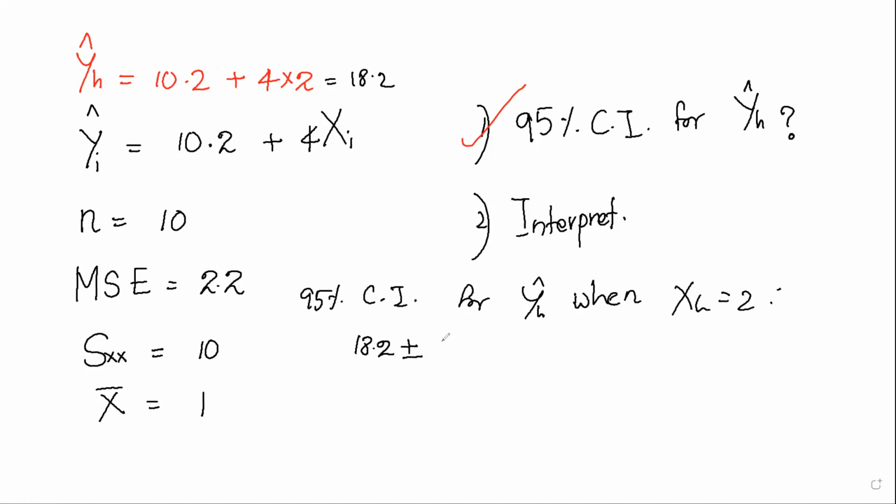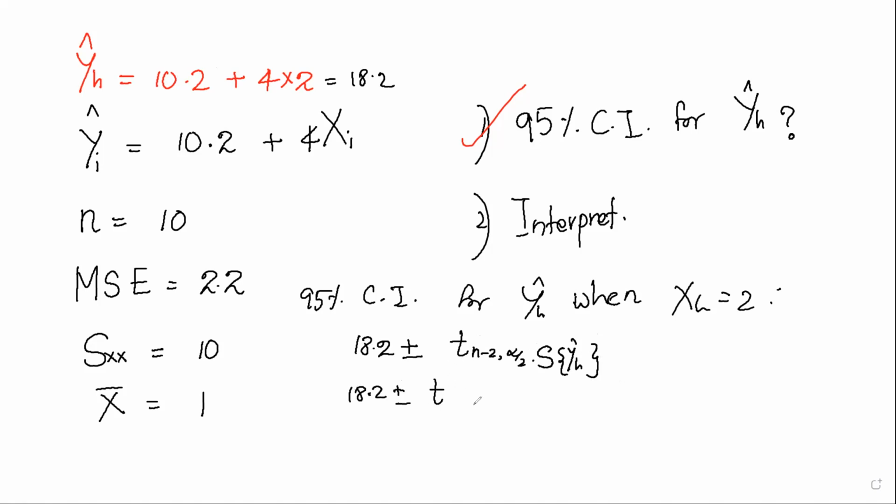Then what is the value here? I'll just write the notation first. T n minus 2, alpha over 2. Here you have S. So this is basically a confidence interval.